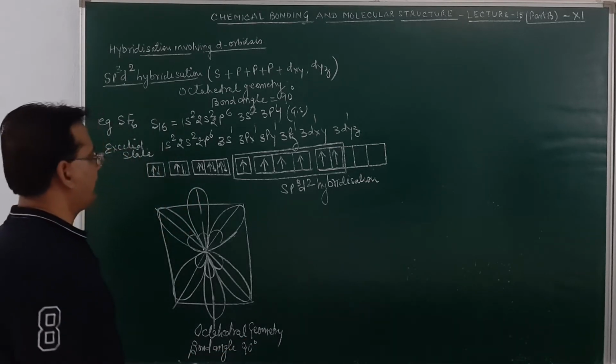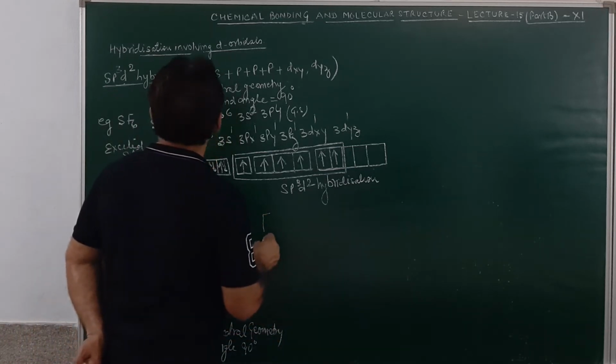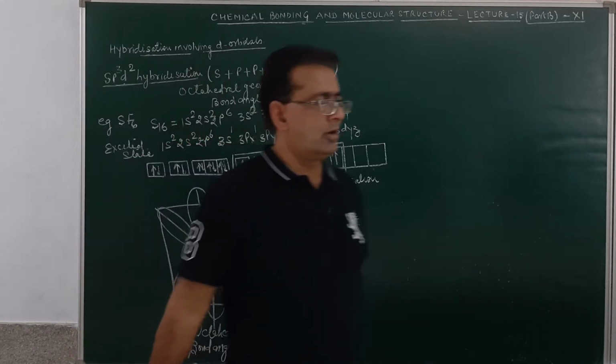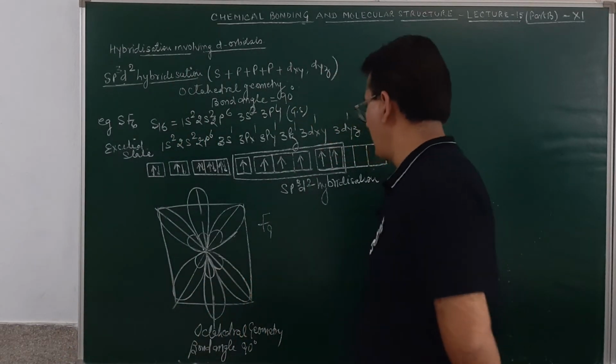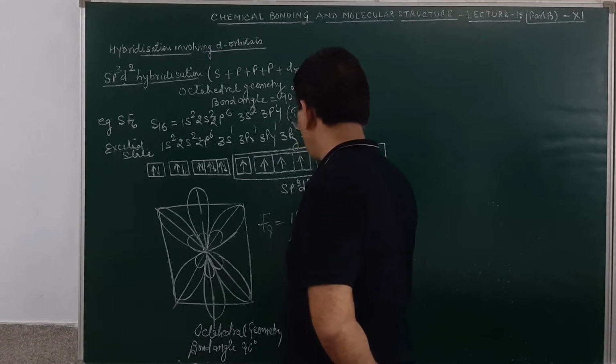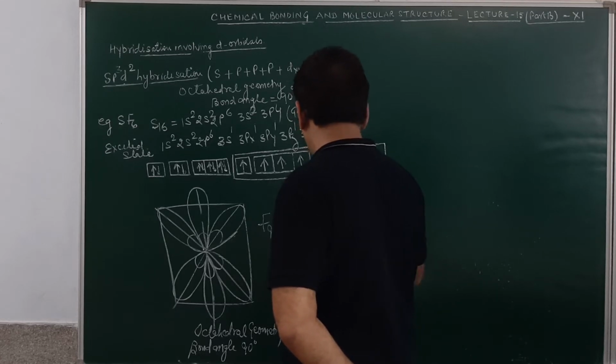Now, when the formation of sulfur hexafluoride takes place, fluorine atomic number is 9. Configuration will be 1s2, 2s2, 2px2, 2py2, 2pz1.